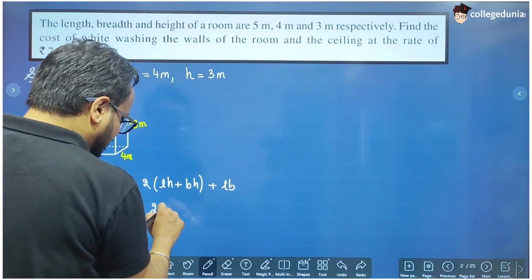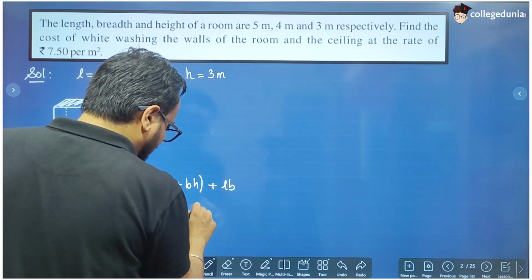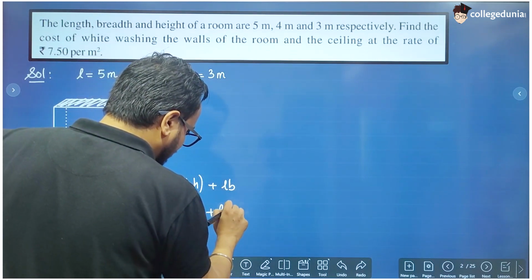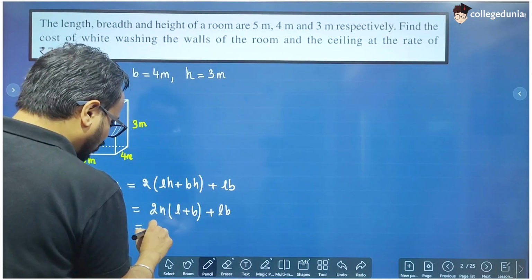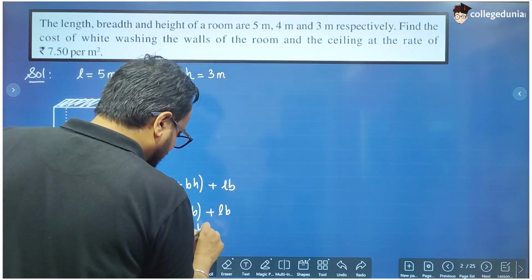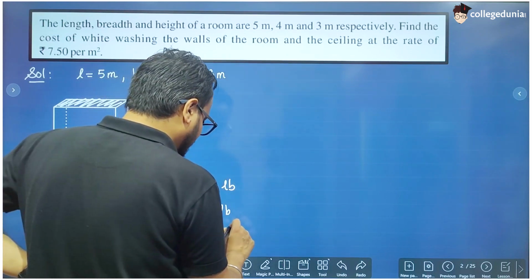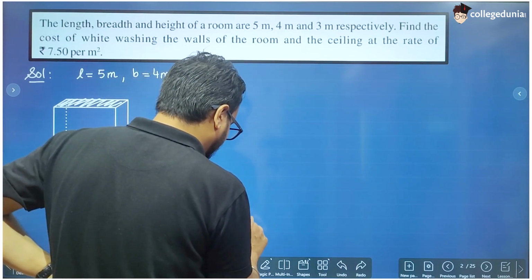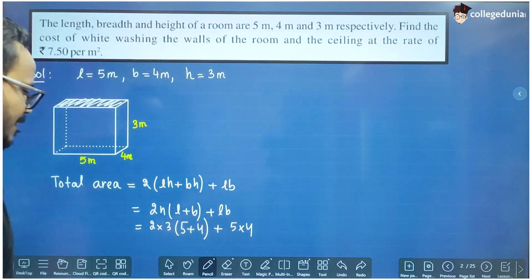So now let's put the values. H common, so 2H into L plus B plus LB: 2 into 3, 5 plus 4, plus length is 5 and breadth is 4.